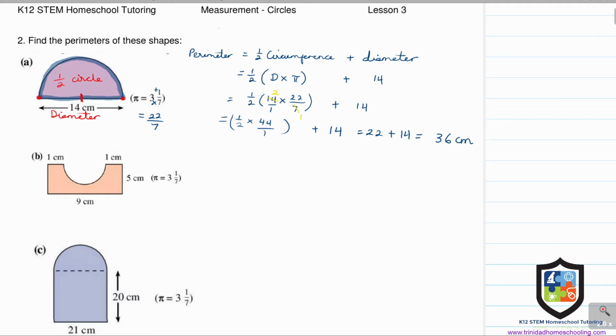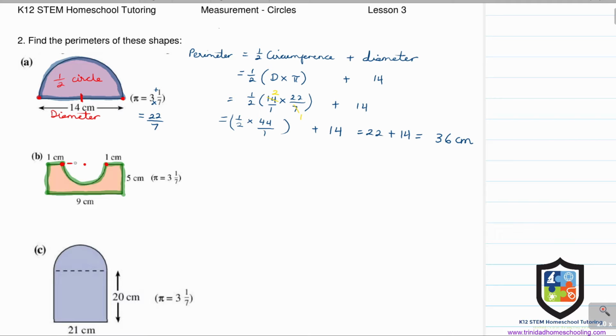Now part B, the perimeter of this shape is made up of this line here, this line here, this one, this little part that is labeled 1 centimeter, and this little part that is labeled 1 centimeter, plus this part of a circle here. This part of the circle, we need to find the diameter. The diameter will start from one end, pass through its center, and stop at the opposite end.